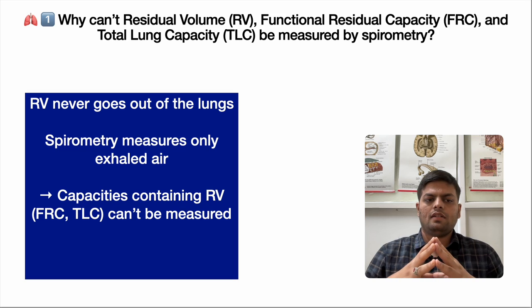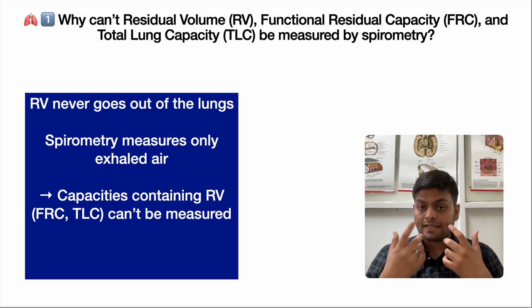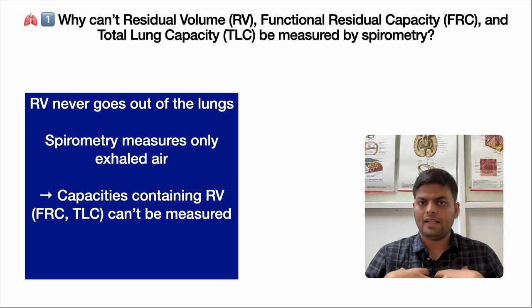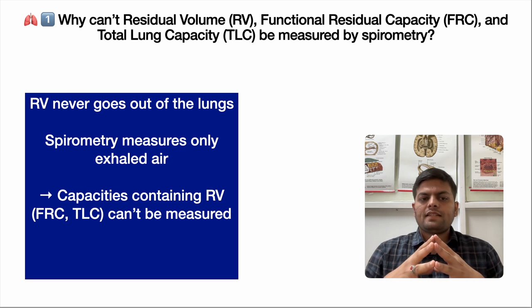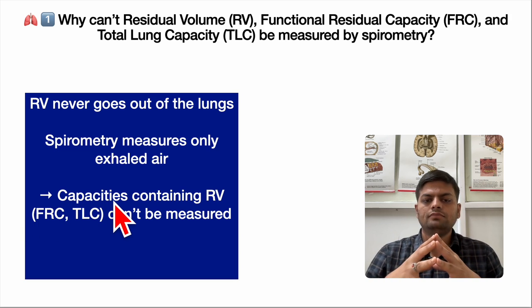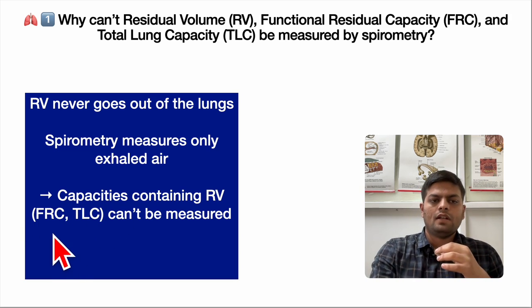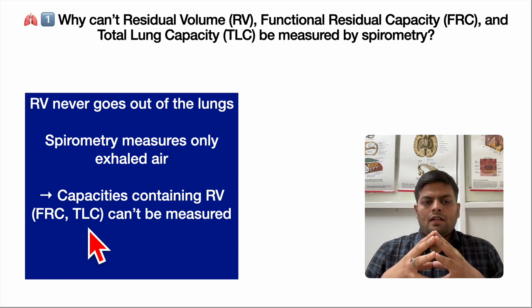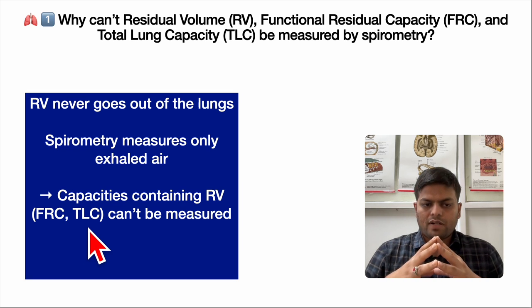This is because residual volume never goes out of the lungs, and spirometry can measure the volume that is exhaled, not the air that is left behind in the lungs. Because of this reason, any lung capacity that includes residual volume, like functional residual capacity and total lung capacity, also cannot be measured by spirometry.